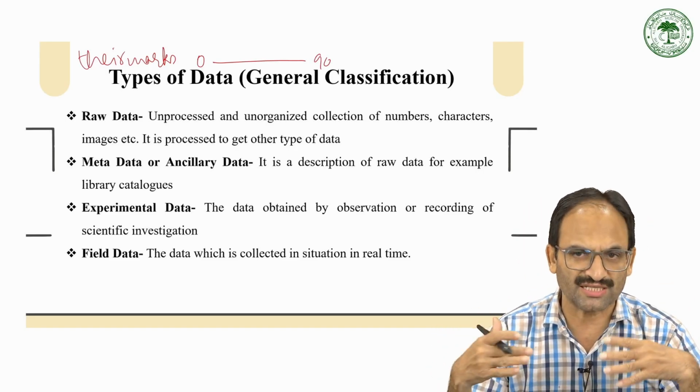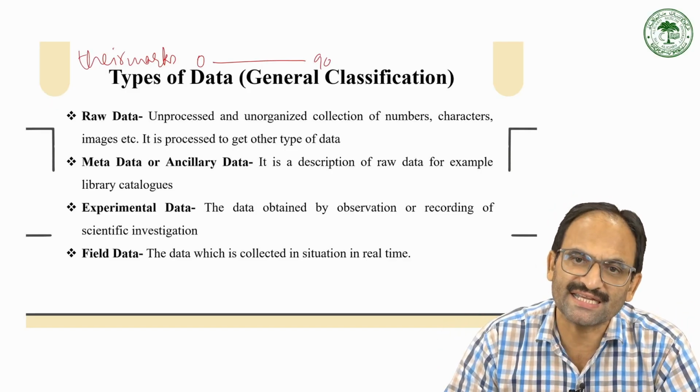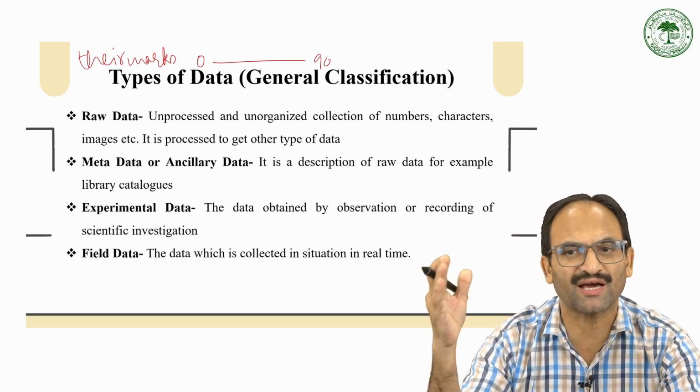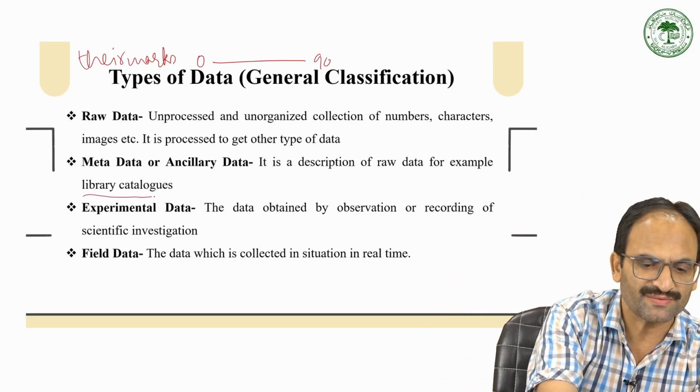And what are those other types of data? Metadata or ancillary data. It is a description of raw data. For example, library catalogs.